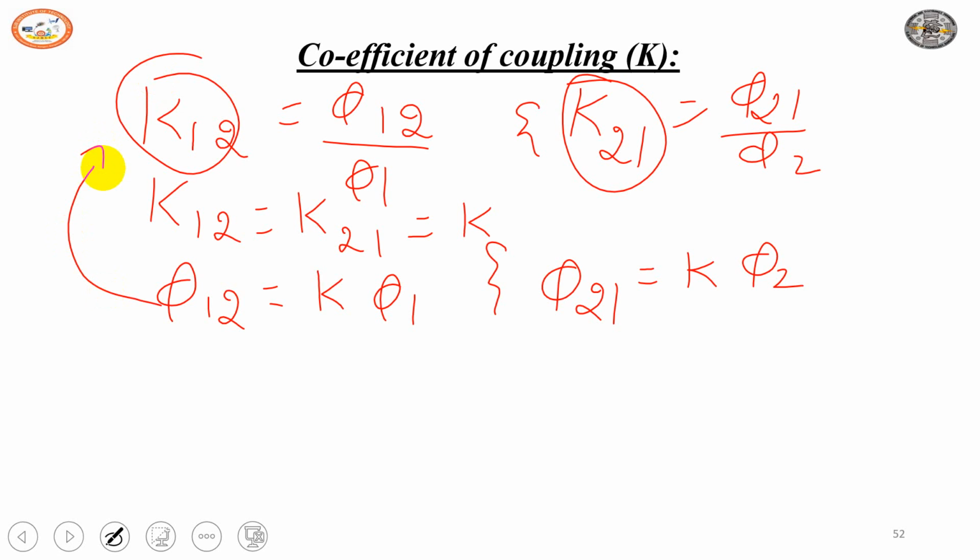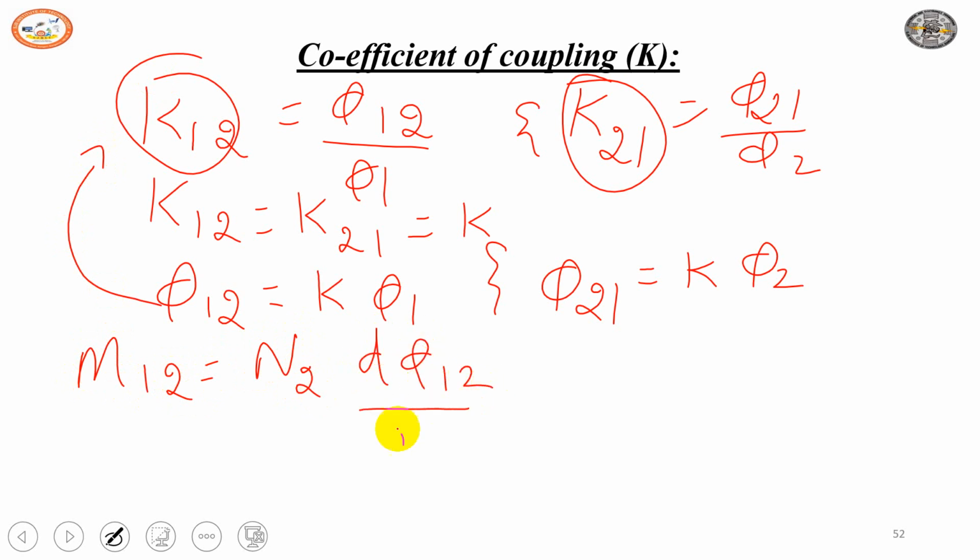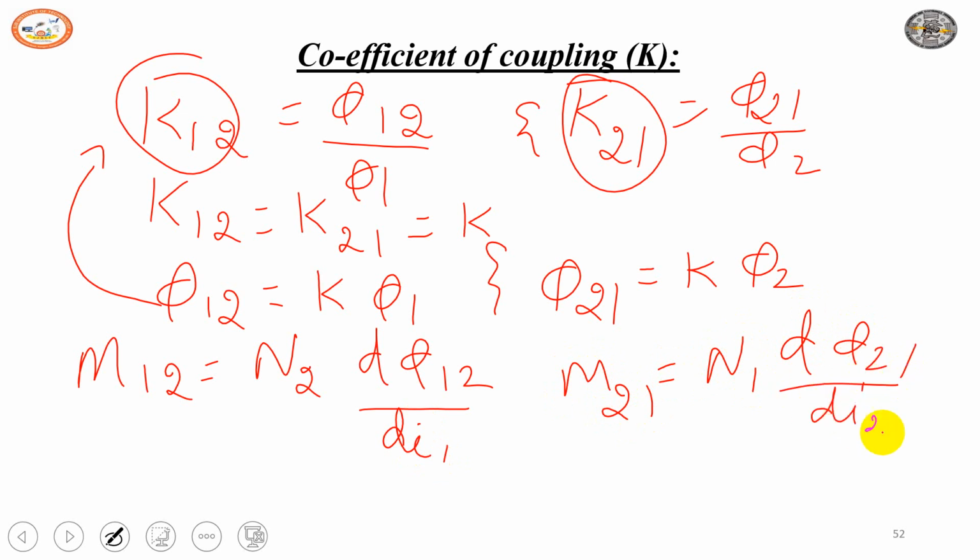Now we have mutual inductance M12. If I give the coil 1 voltage, it links the second coil, and the mutual inductance M12 is N2 into d phi 12 divided by di1. With respect to the second coil, if it is linking, the mutual inductance M21 is N1 into d phi 21 divided by di2.